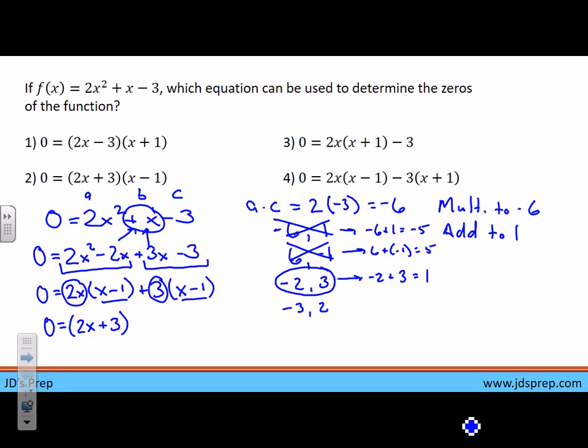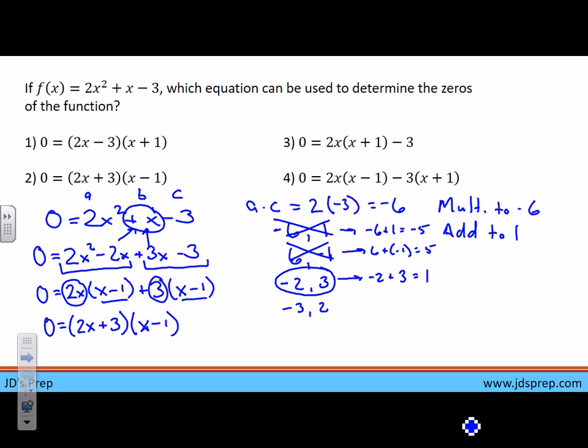So one of my factors is 2x plus 3, times that common factor that I pulled out, which is x minus 1. And again, if you follow this process in reverse, you're basically foiling the product 2x plus 3 times x minus 1, and you can do that to check and make sure that you do really end up with the 2x squared plus x minus 3.